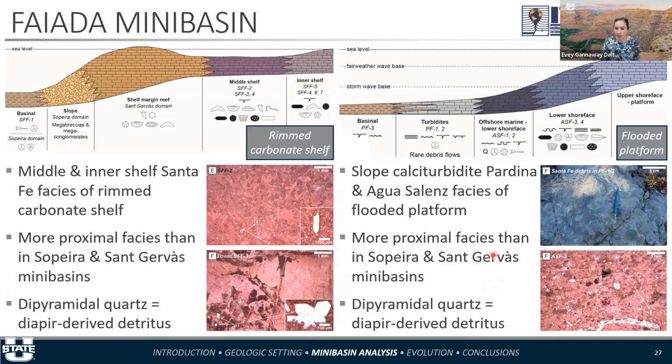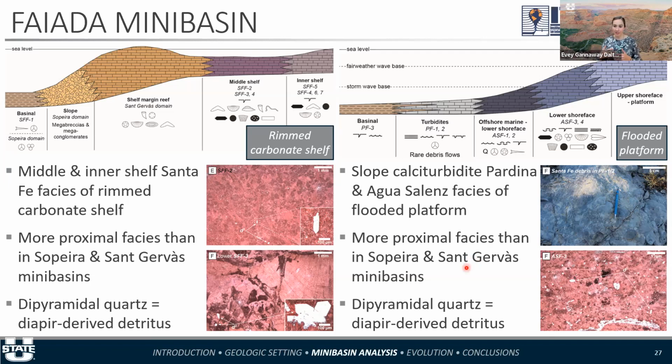So we can see an interpretation of the Santa Fe and Pardina Agua Silence depositional systems here. Santa Fe on the left and Pardina Agua Silence on the right. And here we really want to consider how this compares to our other mini basins, recognizing this middle and inner shelf Santa Fe and slope calciturbidite Pardina and Agua Silence, and also where we are with respect to those other mini basins, and that we are further to the north.